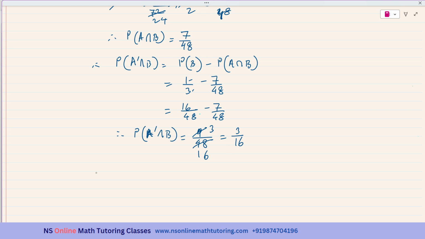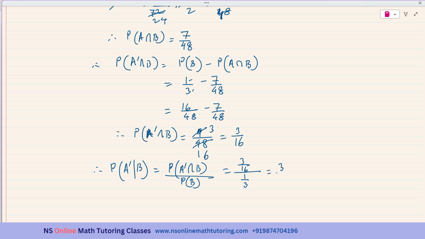Okay. So therefore, P of A prime given that event B has happened, equal to P of A prime intersection B divided by P of B, which is equal to 3 over 16 divided by 1 over 3.